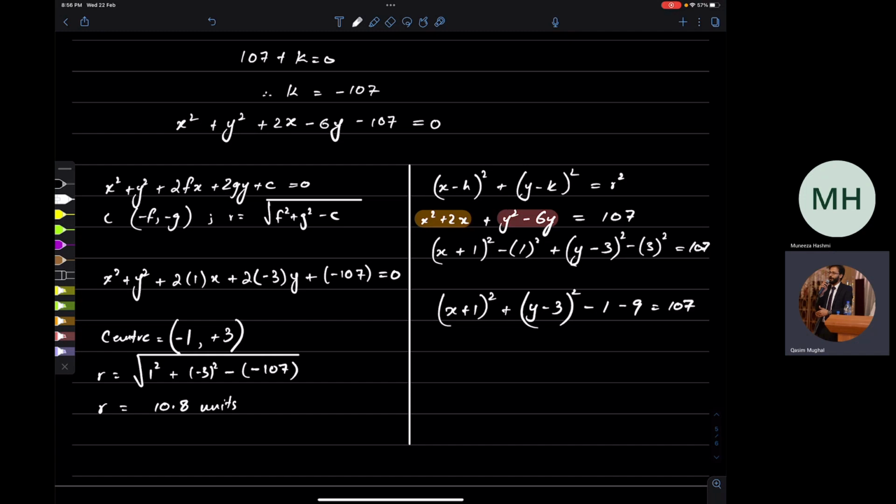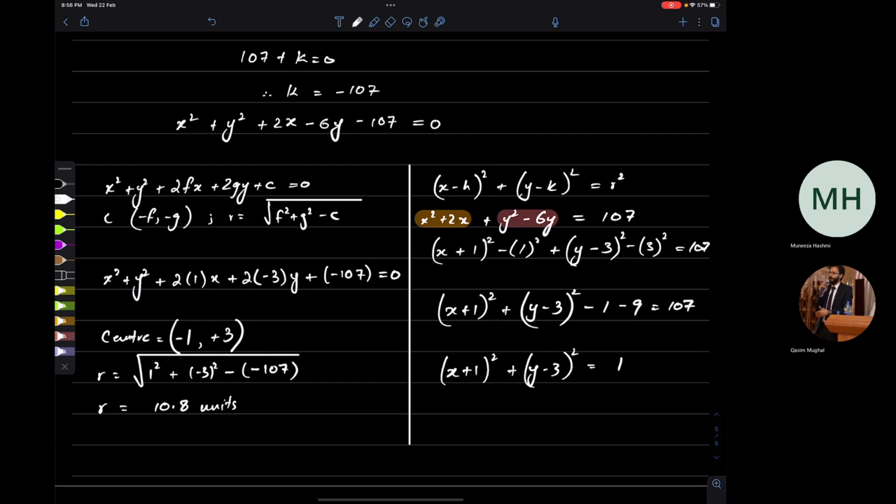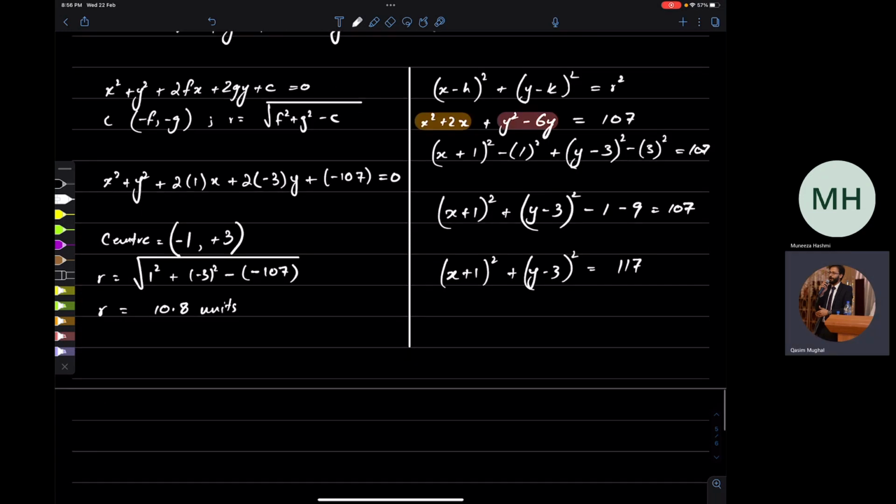Minus 1 and minus 9 is going to be negative 10. And then when we move to the other side, it's going to be positive 10. So 107 plus 10 would definitely give you 117. Now, the center is going to be negative 1 and positive 3.